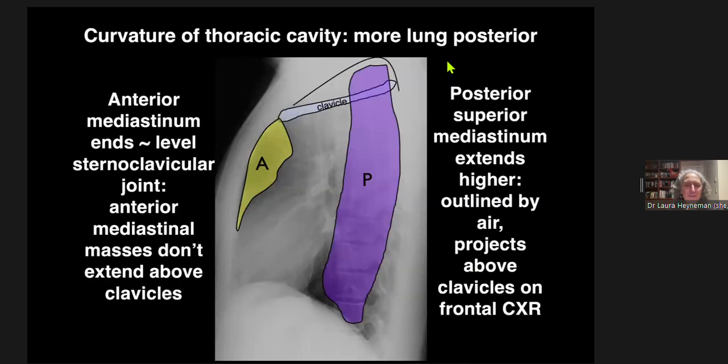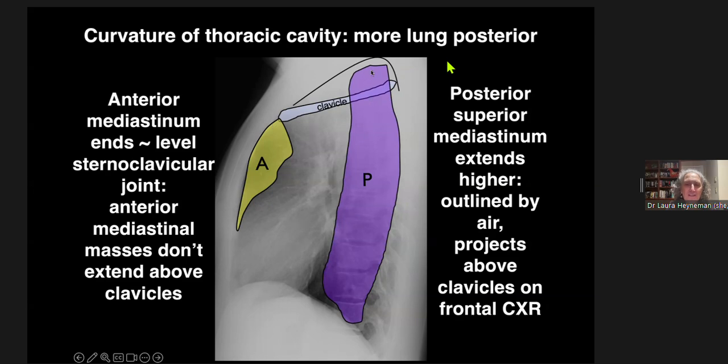So here on the lateral view, the anterior mediastinum ends at essentially the level of the sternoclavicular joint, at the angle of Louis, sternomanubrial junction, which is essentially at the level of the clavicles. So anterior mediastinum is not going to extend above the clavicles. Posterior mediastinum, because the chest is curved and essentially obliquely oriented, the posterior aspect of the chest is much higher than the anterior portion of the chest.